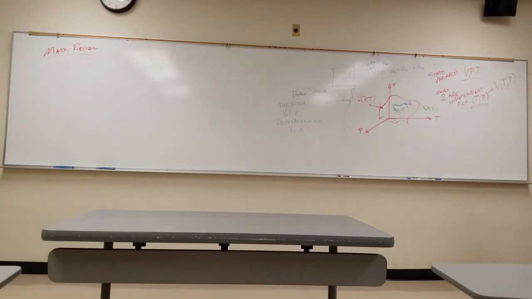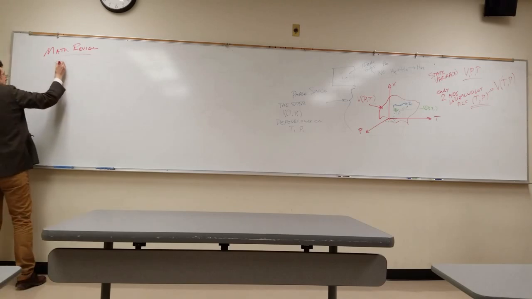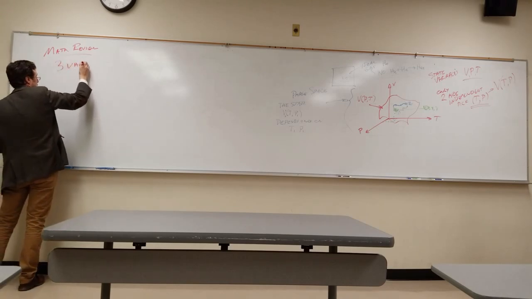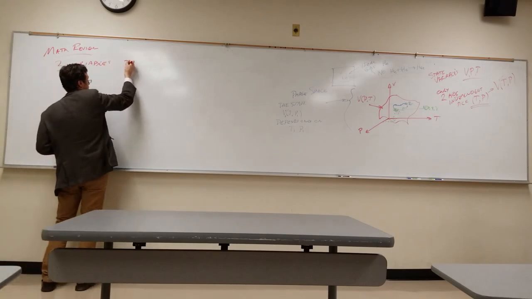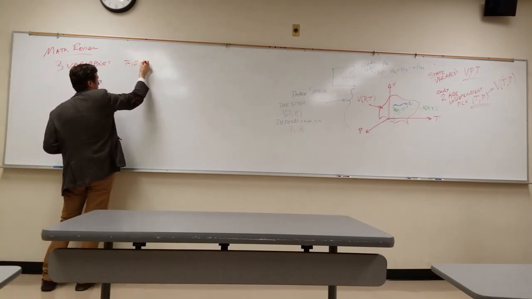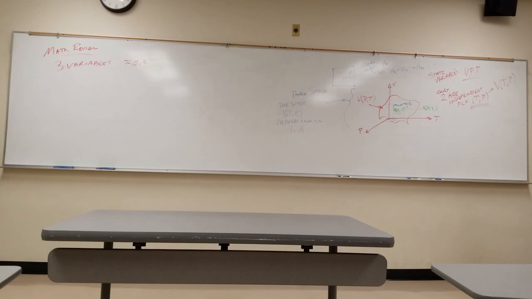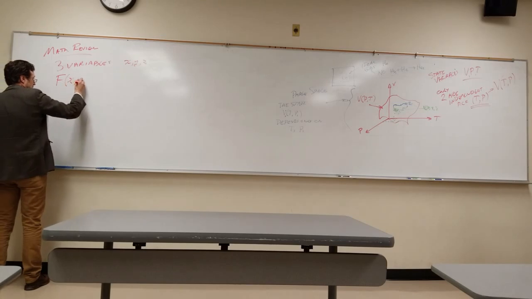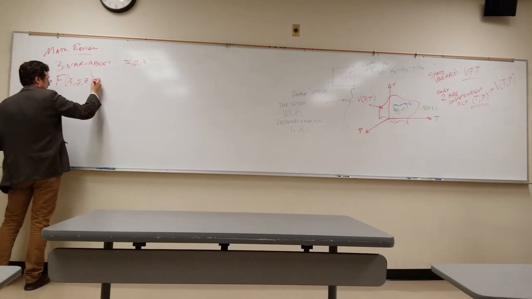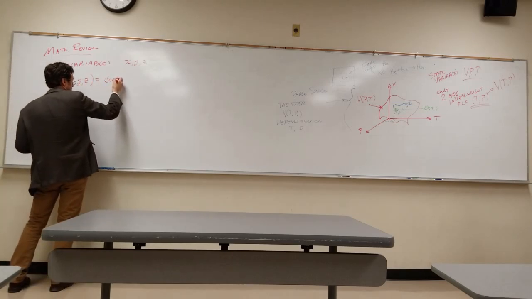So consider three variables. I'll call these x, y, and z. And let's say those three variables can be expressed in a function f of x, y, and z is equal to a constant.